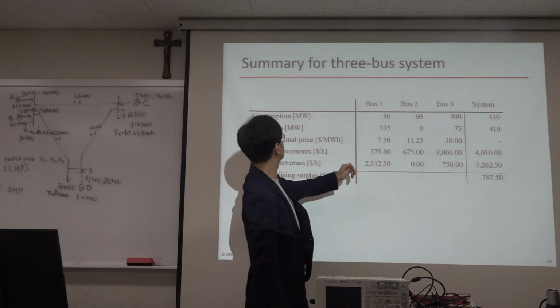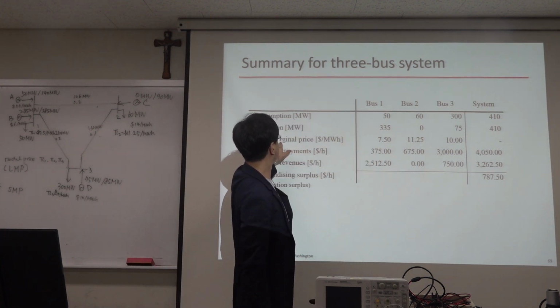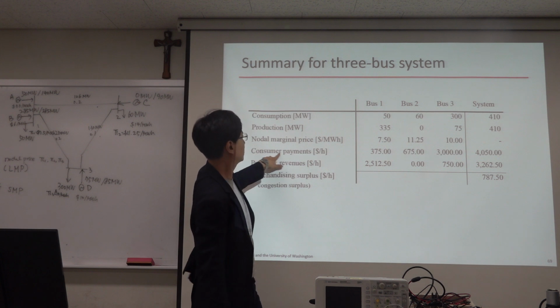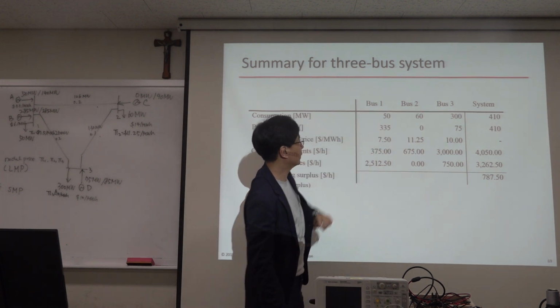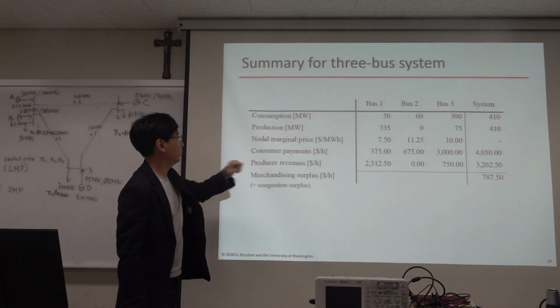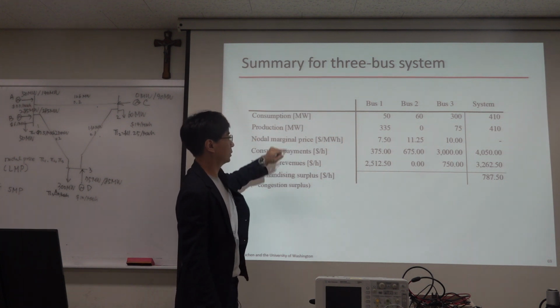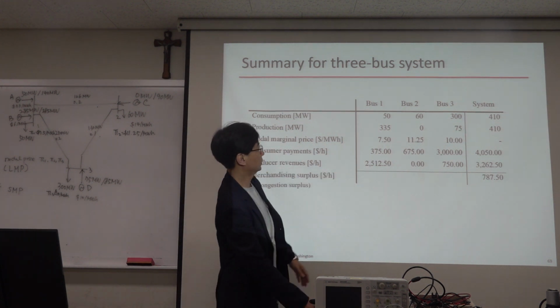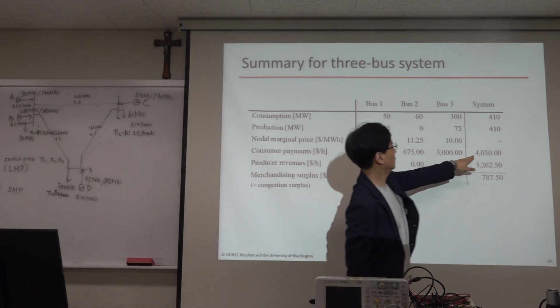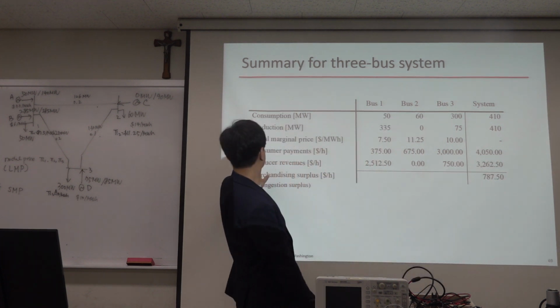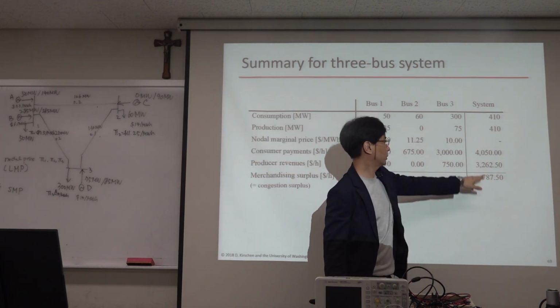So the total consumption times the nodal price is the consumers' payment, and the producers' revenue is the nodal price times production. So the total payment from customers and the total revenue of the producers are these.